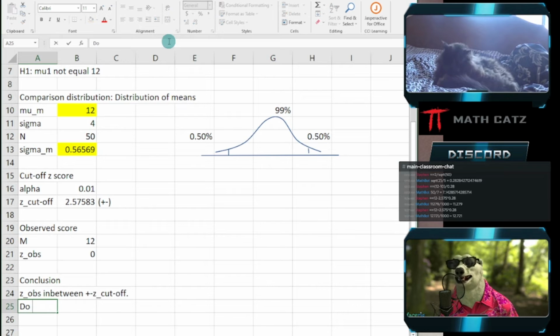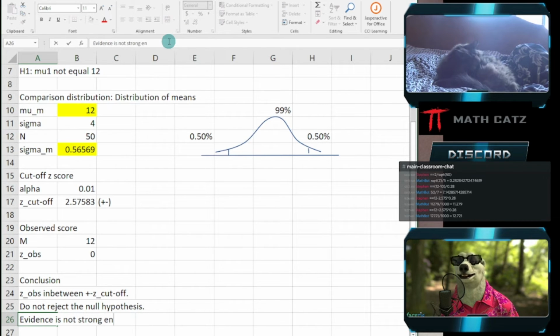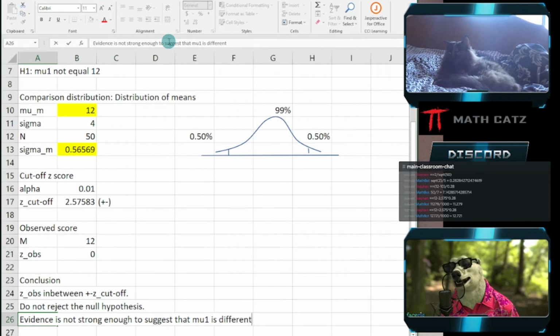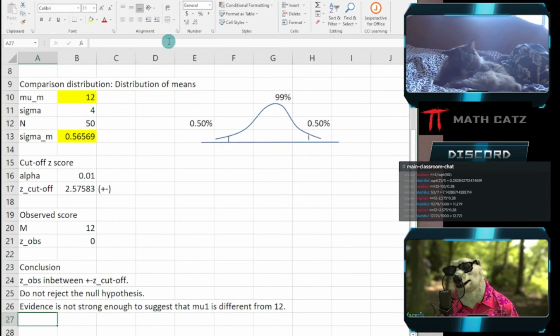We do not reject the null hypothesis. The evidence is not strong enough at all to suggest that mu1 is different from 12, the general population mean.